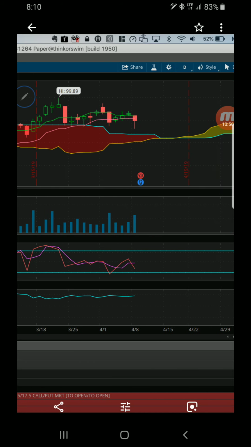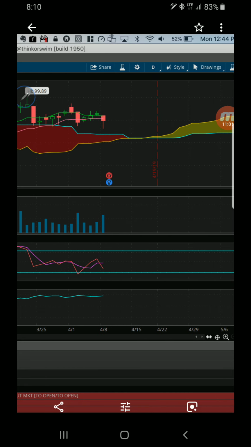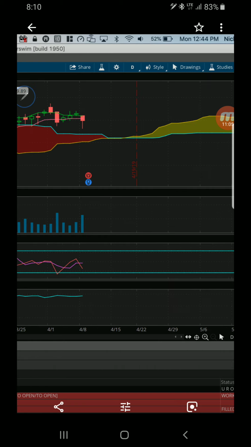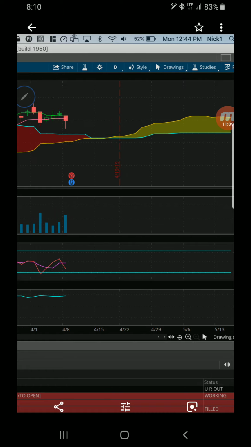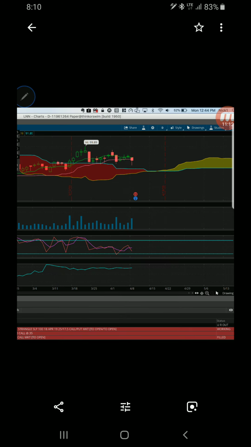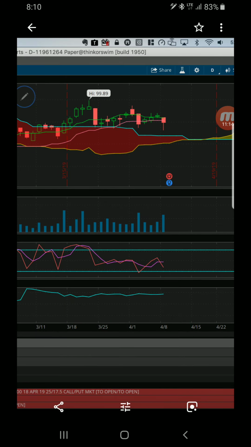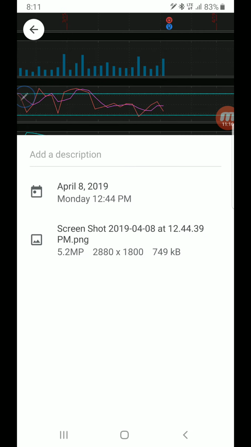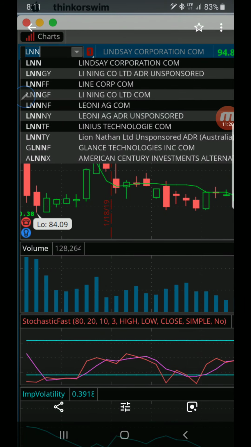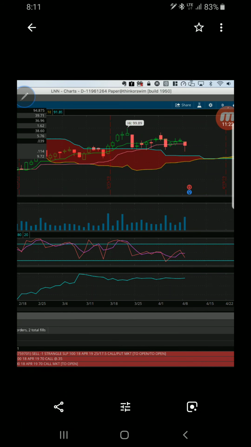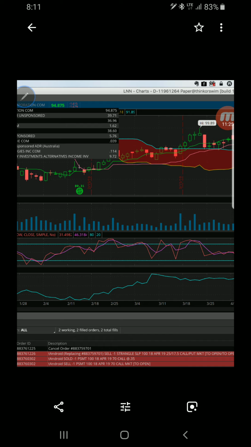LNN. So LNN. Now that is not a true bullish sign. The tenkan is not closing above the candles, so it's kind of a mixed bullish. And April 8th, this is LNN. So let's see if it was bullish since April 8th at $94 for LNN.